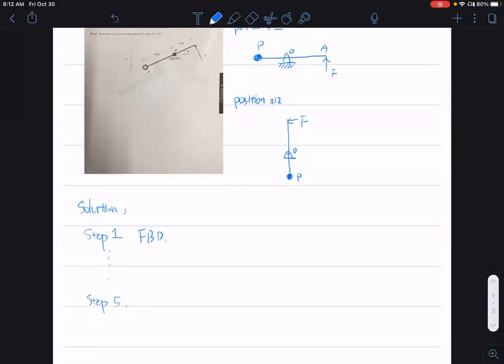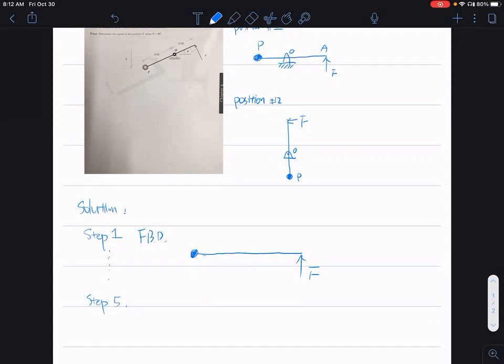So if we draw the free body diagram at position 1, how many forces are going to be on your free body diagram? We already know one force that is given in this problem. It's perpendicular. That force is normal to the rod. And what is going on at point O?